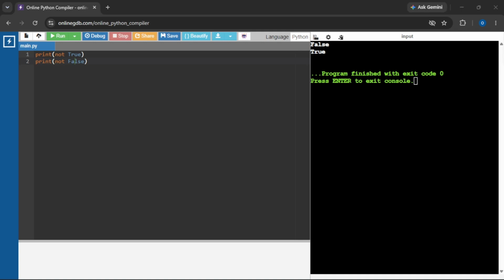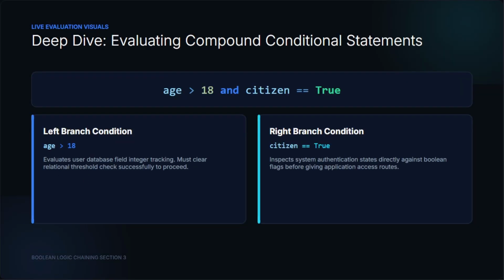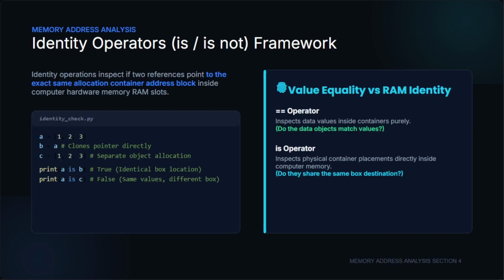Now let's move to something beginners often find confusing, called identity operators. You will use these every day, so it is important to understand how they work. Think about two identical water bottles. They look exactly the same, with the same size, same color, same amount of water, but they are still two different bottles.